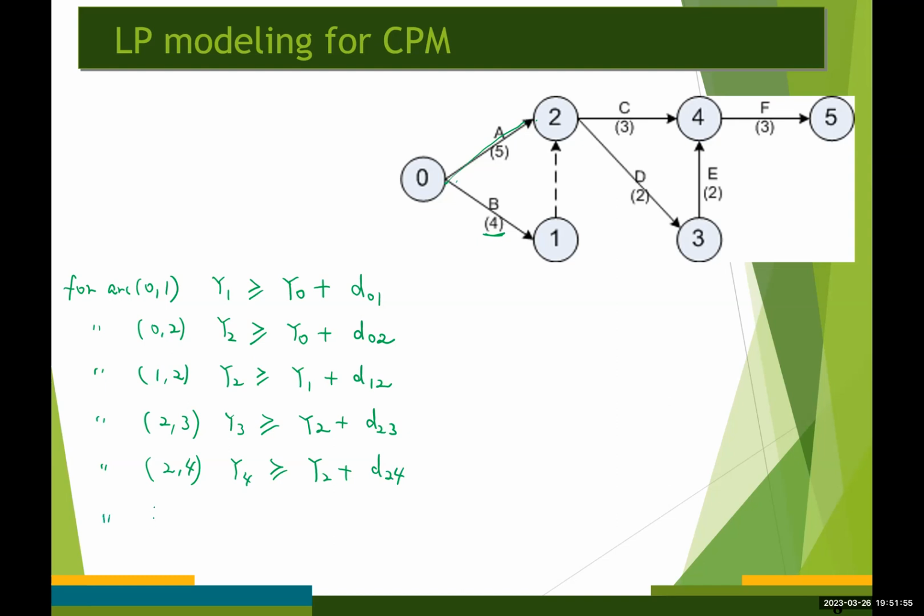For arc 3,4, you're going to have y4 greater than or equal to y3 plus d sub 3,4. Finally, for arc 4,5, you're going to have y5 greater than or equal to y4 plus d sub 4,5.